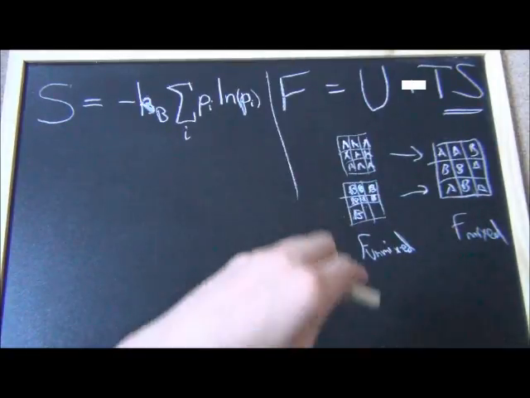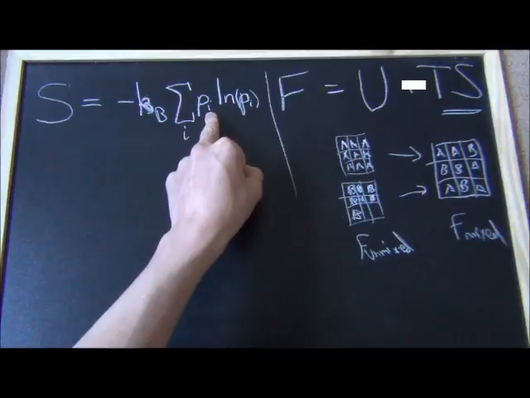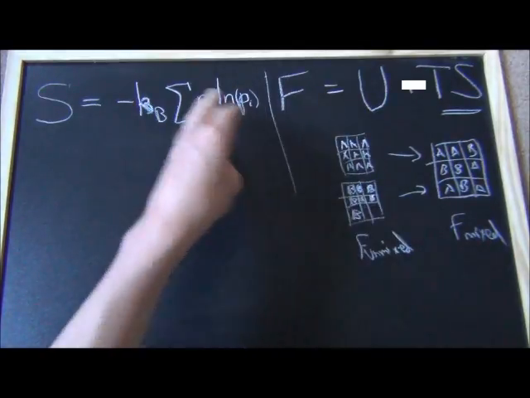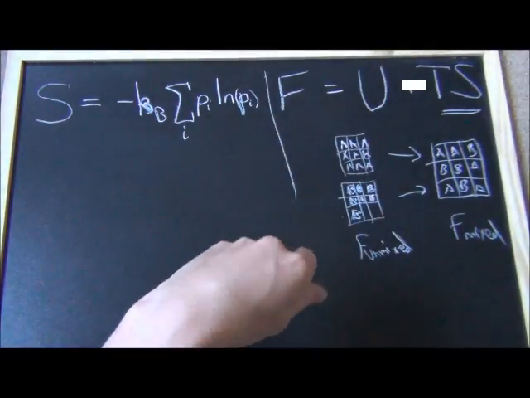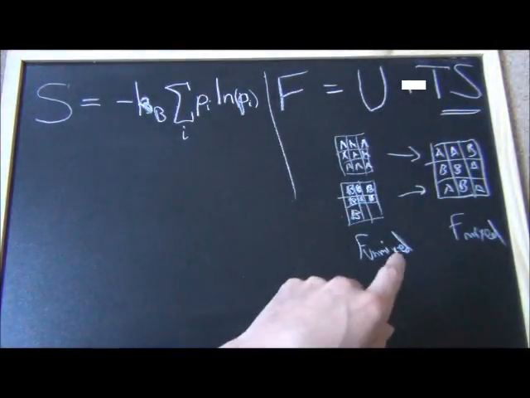Obviously if there's only one possible microstate, then you're going to have a 1 there, and log of 1 is 0, so you would have 0 entropy. And that's exactly what we get in the case where they're unmixed.